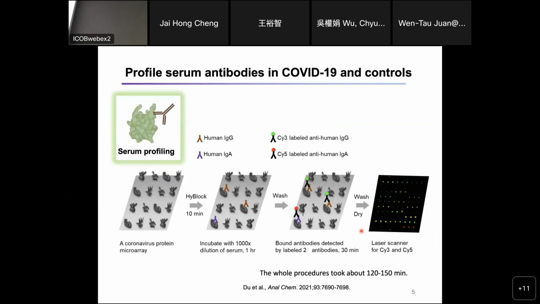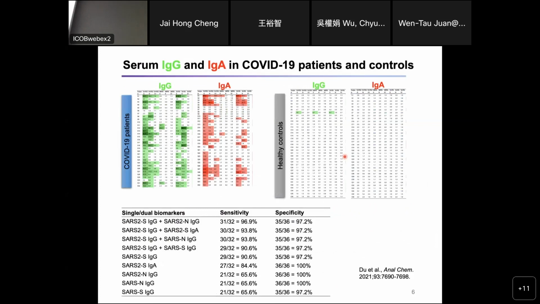So later on, we wanted to show the immune specificity for COVID-19 patients. So we labeled human IgG and IgA, trying to profile them. The left-hand part is COVID-19 patients. You can see they have a good response to IgG and also a great response to IgA.